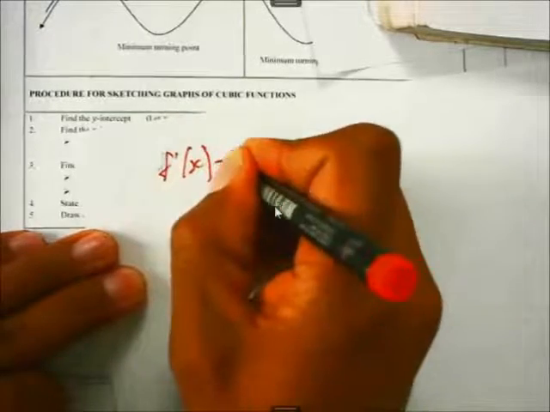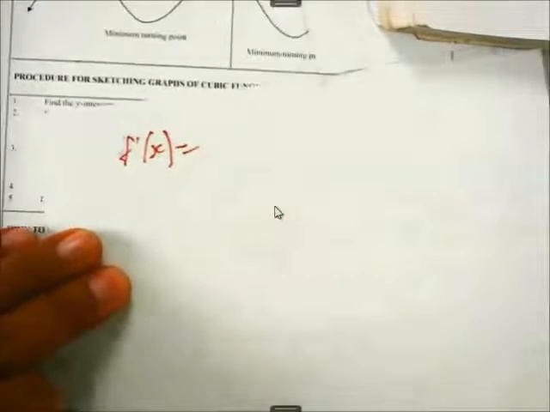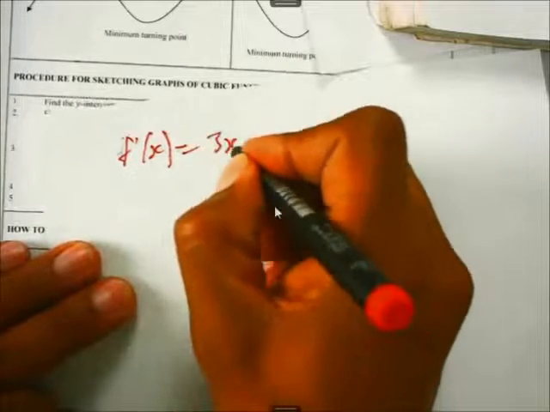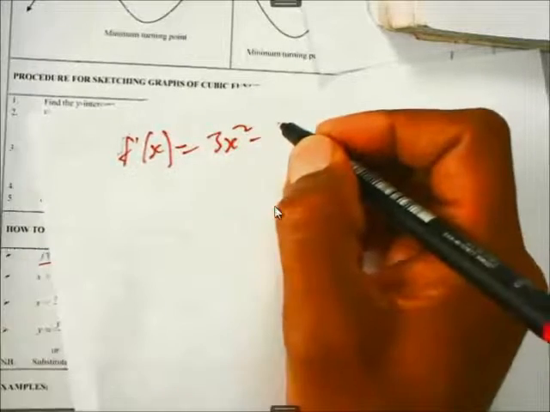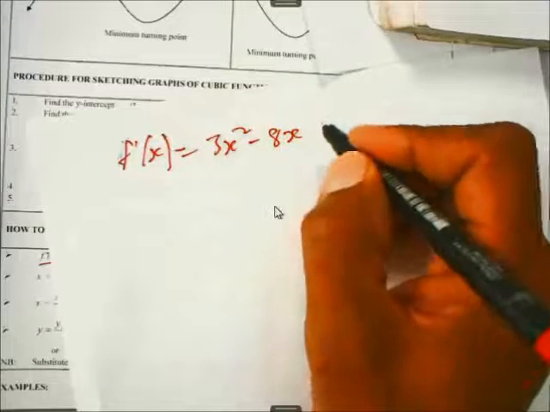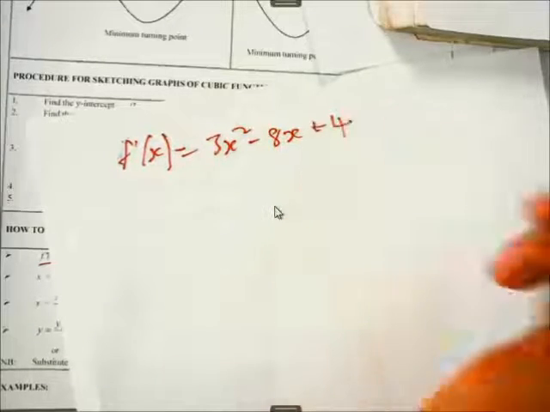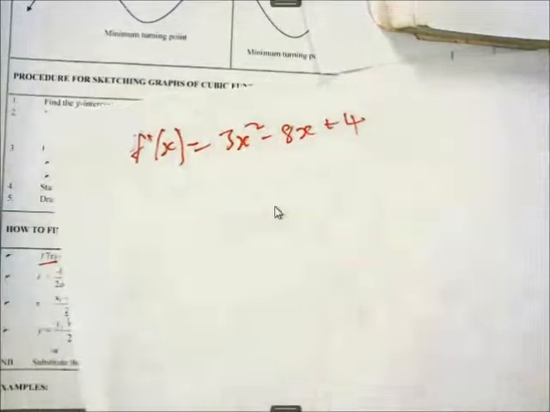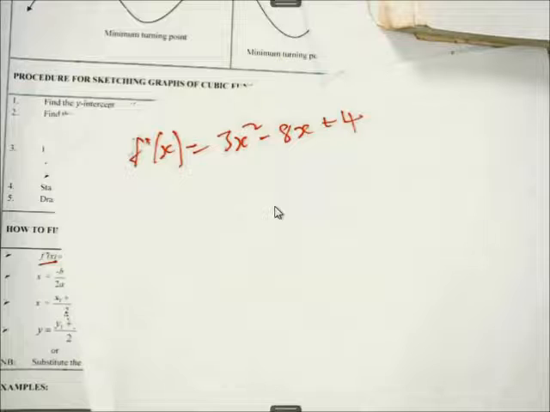It's very important to know that immediately when you have a quadratic function, you must know that it represents the derivative, right? It was 3x squared minus 8x, and then plus 4, right? This was the derivative of the cubic function that we have.